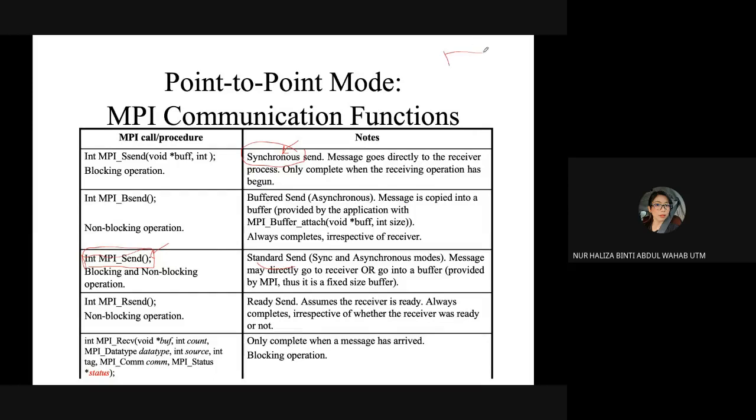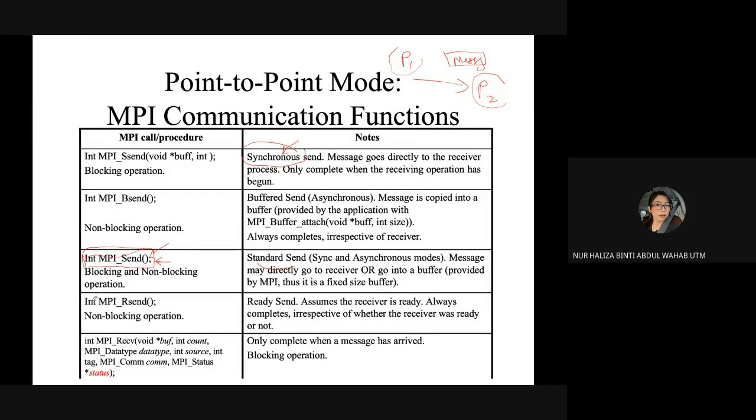How are you going to send a message to P2 from P1? So you just use MPI send. So you already instruct to send it, but your instruction here can be whether it is synchronized or unsynchronized.